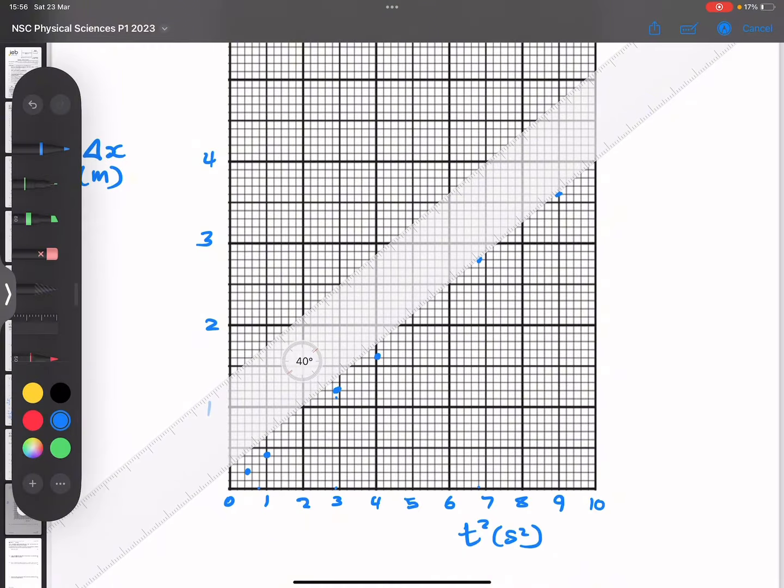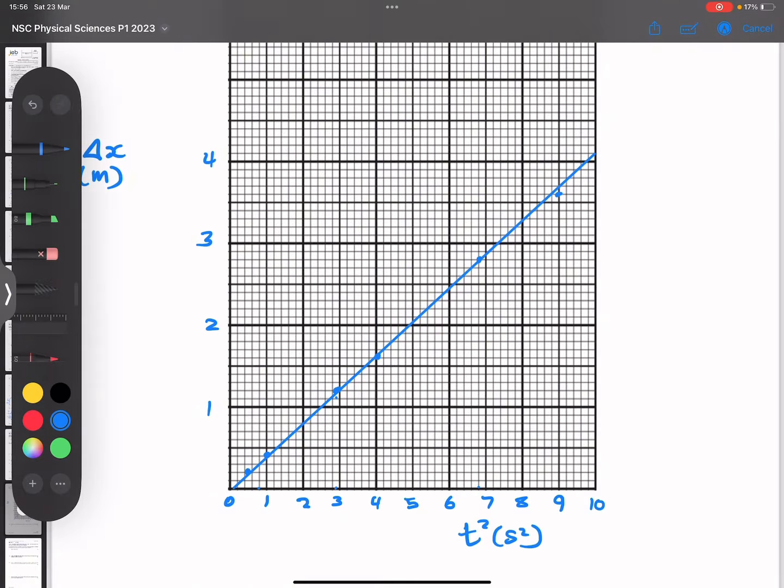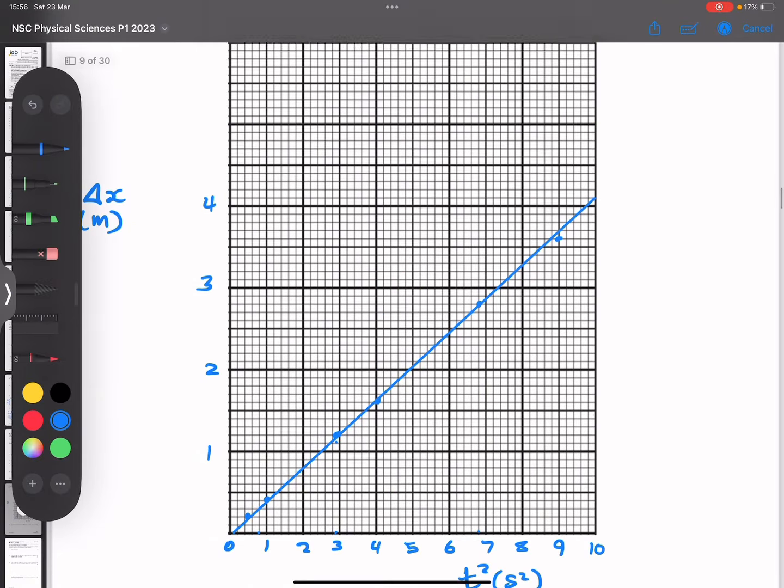Which one would have most of my points in it? Yeah, I think this would be the line, isn't it? That has most of the points in it, right? So I would take definitely this line here. Okay, right, so that's our graph.